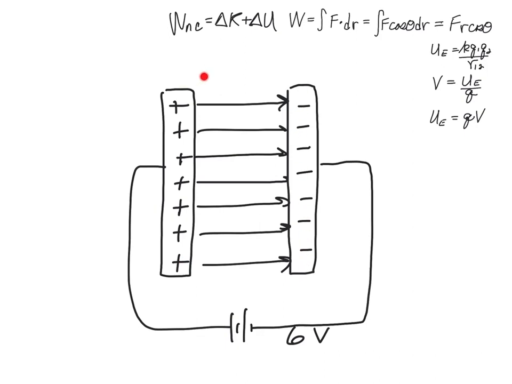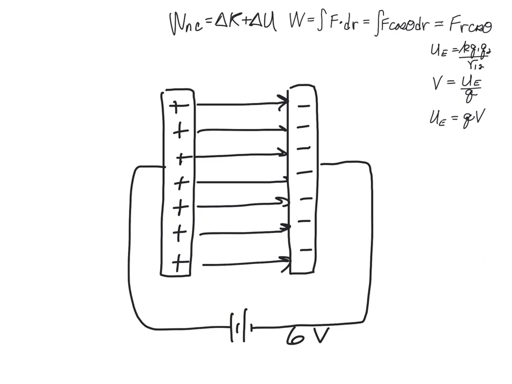And the energy difference between the plates is going to be determined by the battery. And so the 6 volts of the battery means that there are 6 joules for every coulomb of charge that the battery moves. And so the voltage, the energy difference between these plates is going to be 6 volts.